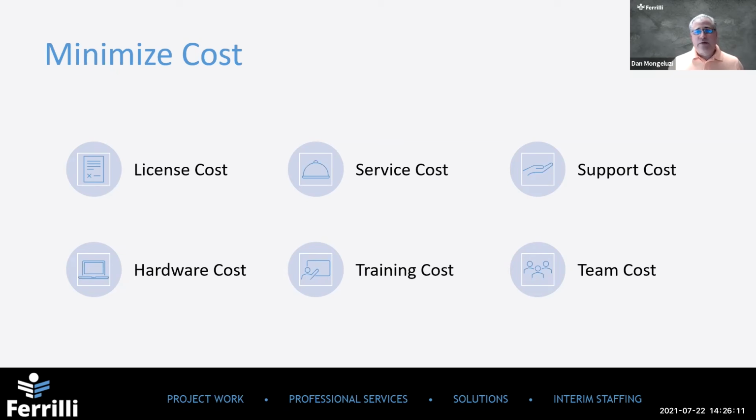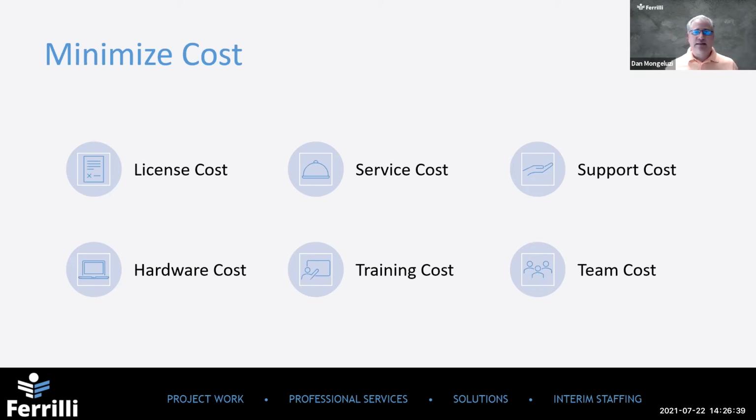And then from a team cost, let's evaluate what it takes to work in the system that you have in place. Is it effective for you? If it's taking 2 or 3 people to do the job that you could do more efficiently with one person, we need to evaluate and identify those areas of the system so that we can determine maybe this is an area of the system that we need to shut off.